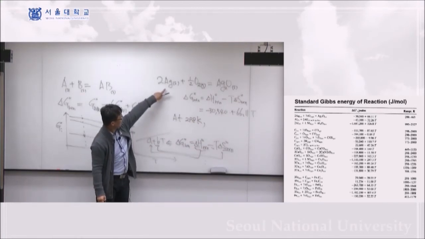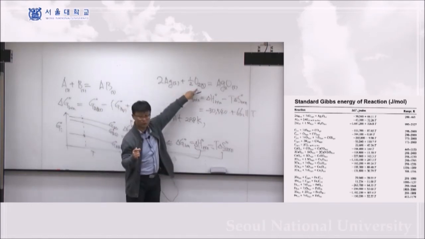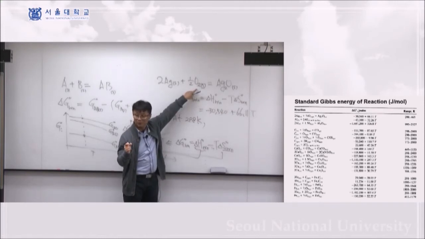your H of Ag solid equals 0. That's a standard state. Am I right? H of O2 is 0 at 298 because this is a standard reference material.